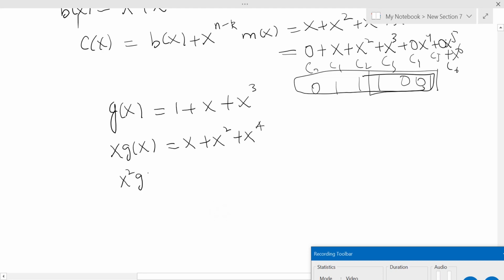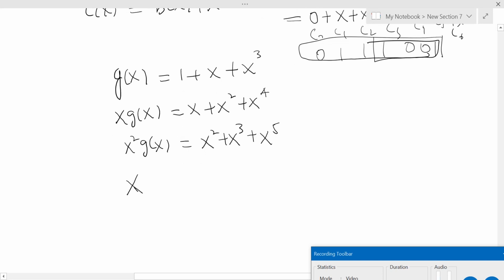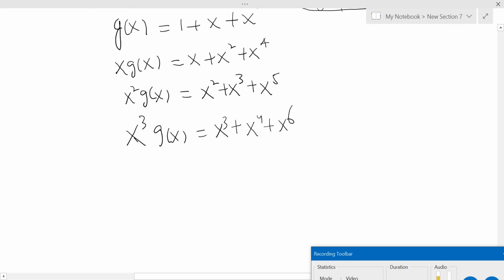Then you write x square g of x, which is x square plus x cube plus x5. Then you write x cube g of x, which is x cube plus x to the power 4 plus x to the power 6. So we have to do only these many operations because I will now form the rows.